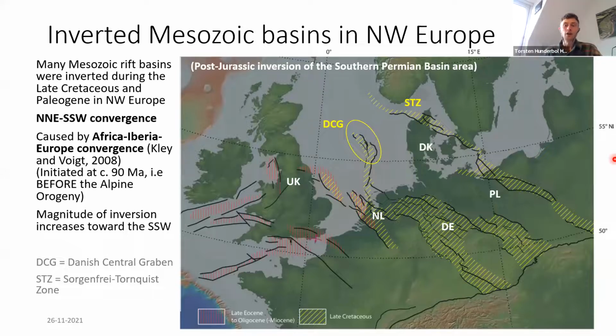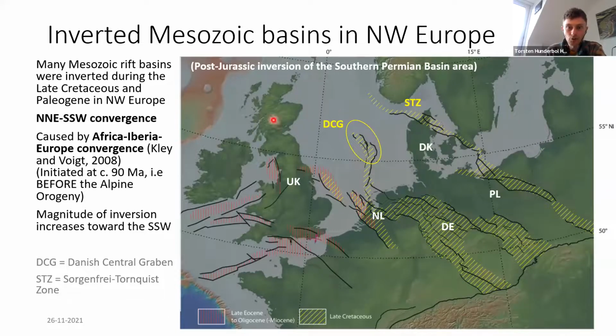So we had a quite important phase of basin inversion in northwest Europe during the late Cretaceous and Paleogene, even into Miocene times.